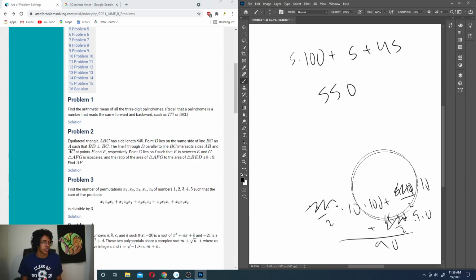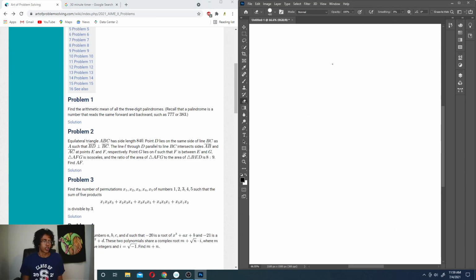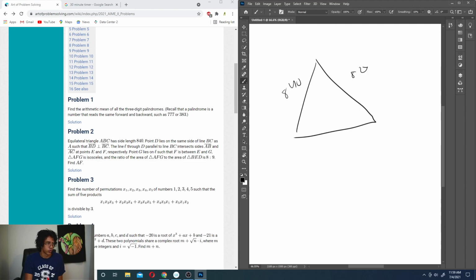Alright, number 2. Equilateral triangle ABC has side length 840. Okay, 840, 840, and then ABC. Point D lies on the same side of line BC as A, so it's somewhere over here, and BD is perpendicular to BC.